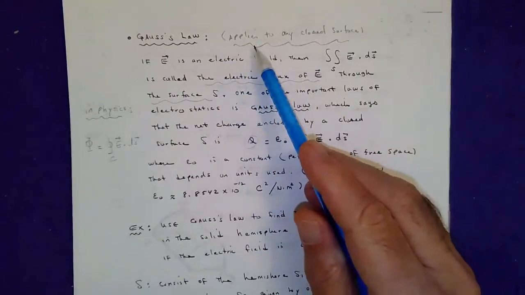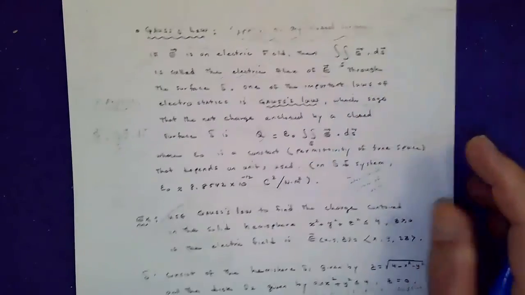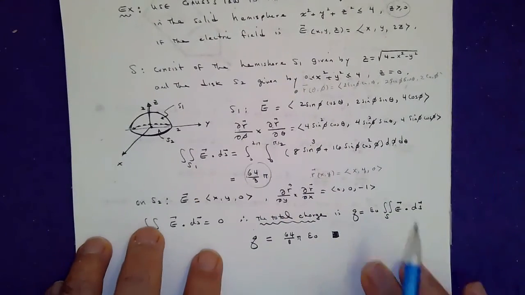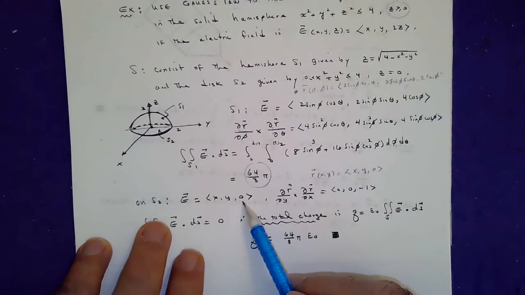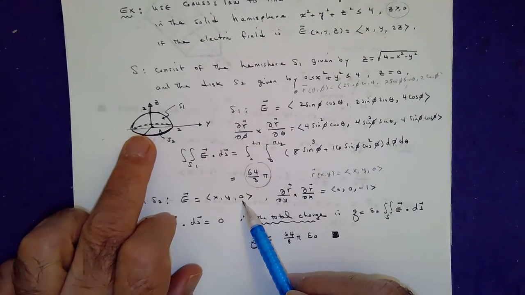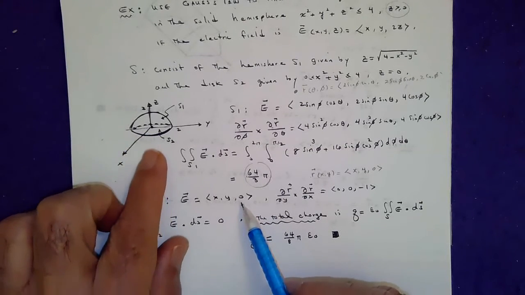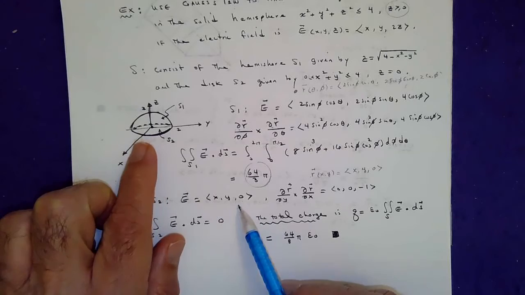Remember, Gauss's law only applies to closed surfaces, so you have to have a closed surface. What is the bottom, you say? Well, it's the xy plane, right? That is, there is no z component on the floor.